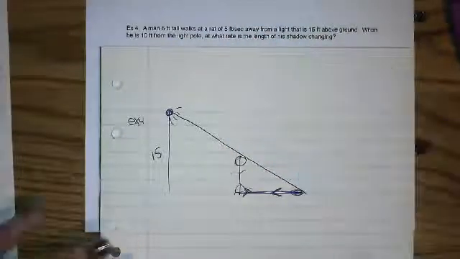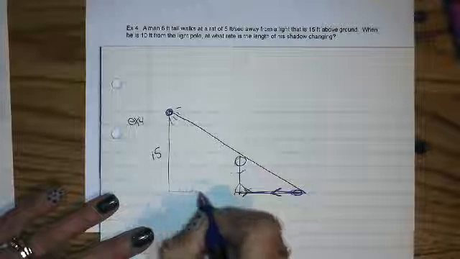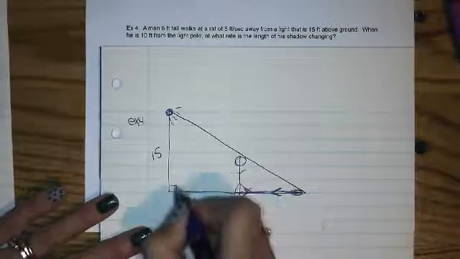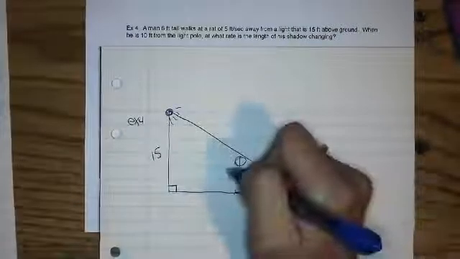Okay, and that's created because of the light shining behind him. His body stops all of that light, creating the shadow.